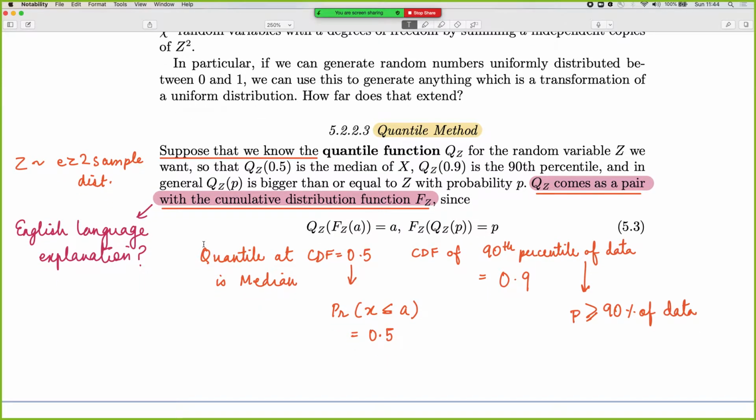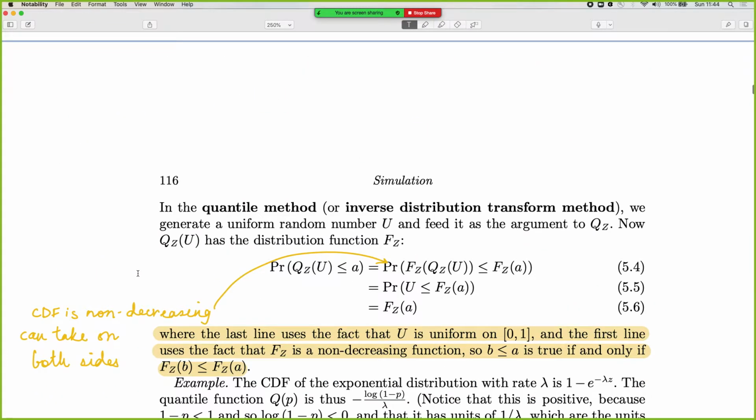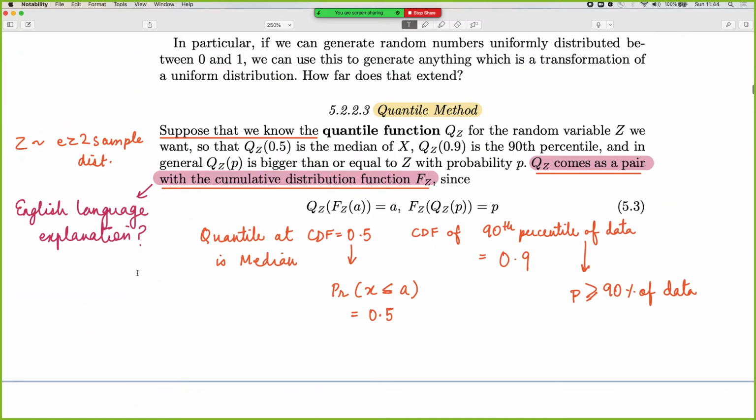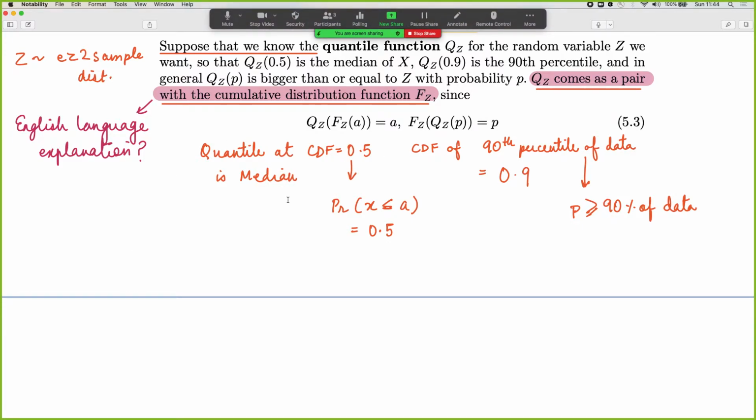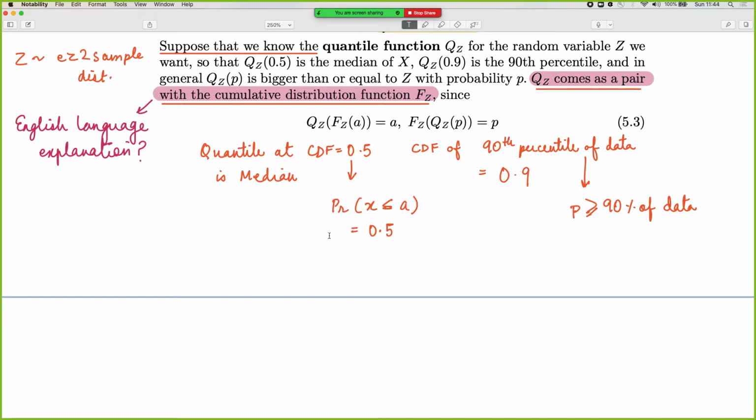To recap, the cumulative distribution function of a random variable x is the sum of probabilities for x. I thought I wrote this down. You have written it here: probability of x is less than or equal to a. Okay, thanks. Fair enough.